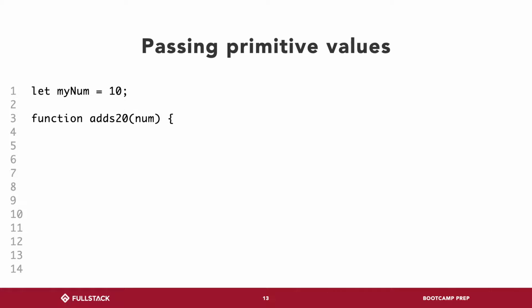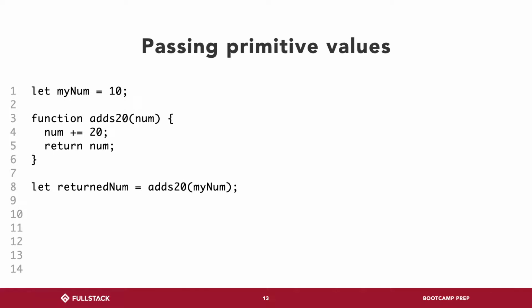So now, let's talk about functions: how passing in primitive values and complex values could affect the outcomes of functions. Let's say you define a variable myNum and set it equal to 10, which is a primitive number, right? And then you define a function adds20 that takes in a number and just says num += 20 and returns that num.